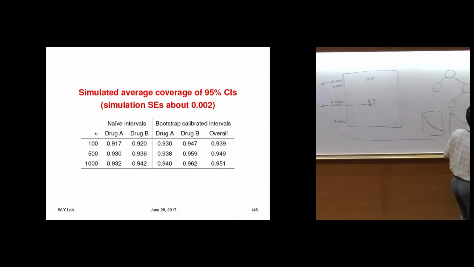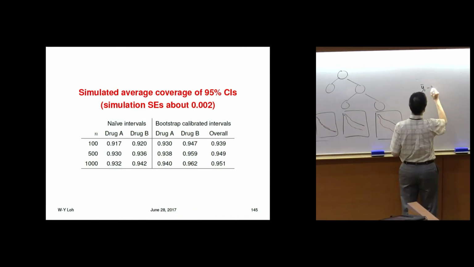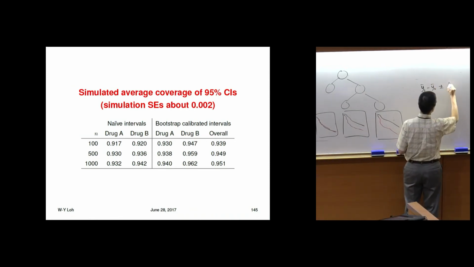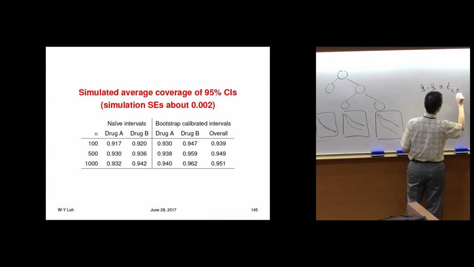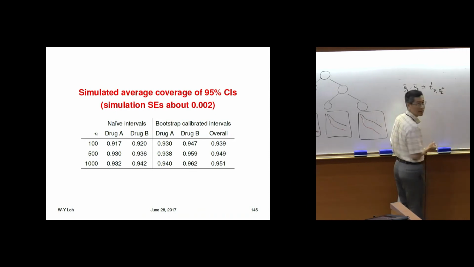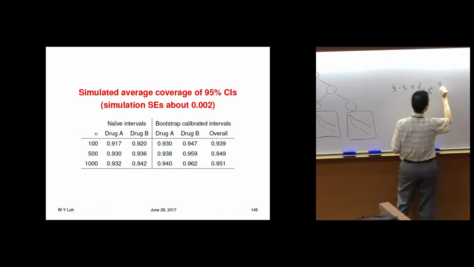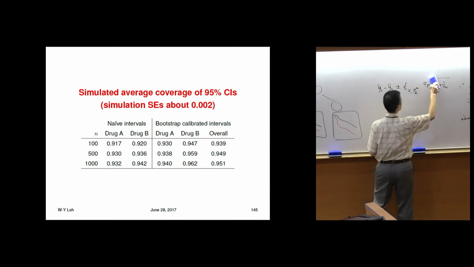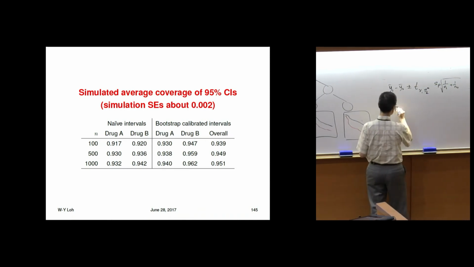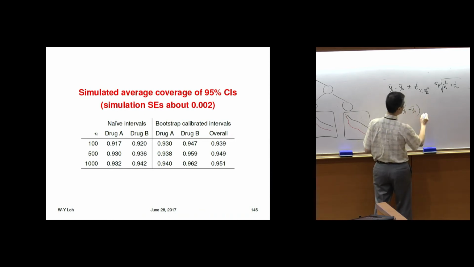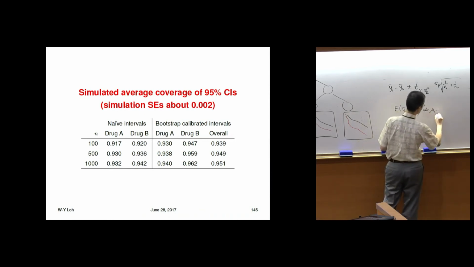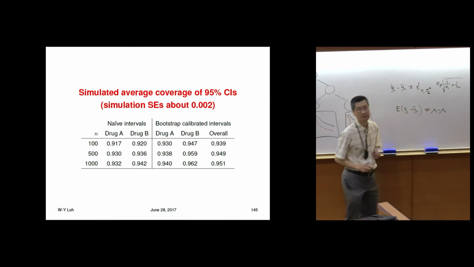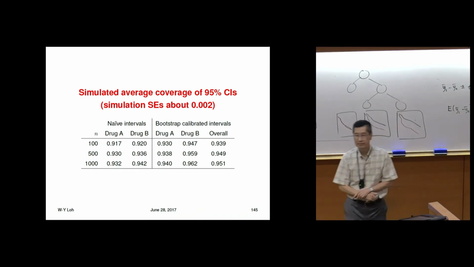So the interval is like this, right? y1 bar minus y0 bar plus minus some t nu alpha over 2. So I put an alpha star. That's the calibrated alpha, right? SP square root 1 over n1. Okay. The trouble is the expected value of y1 bar minus y0 bar, right? Is not equal to mu1 minus mu0. That's bias, because I always choose the bigger one.